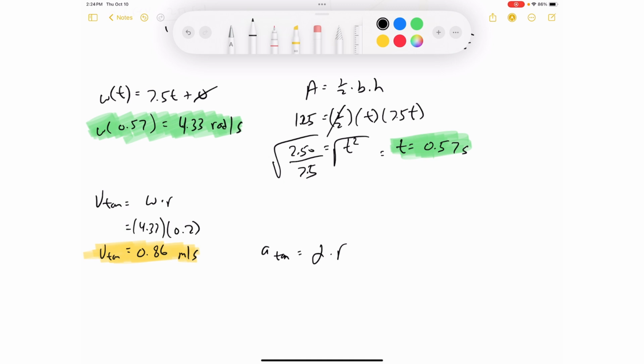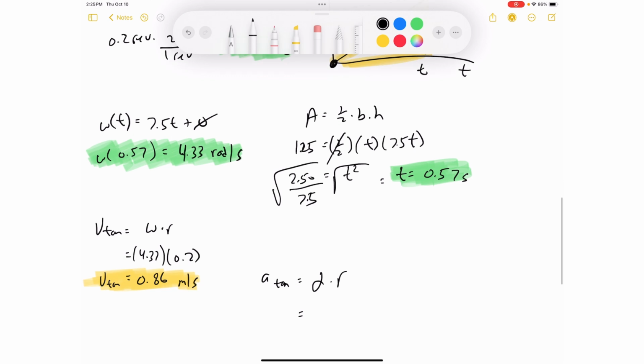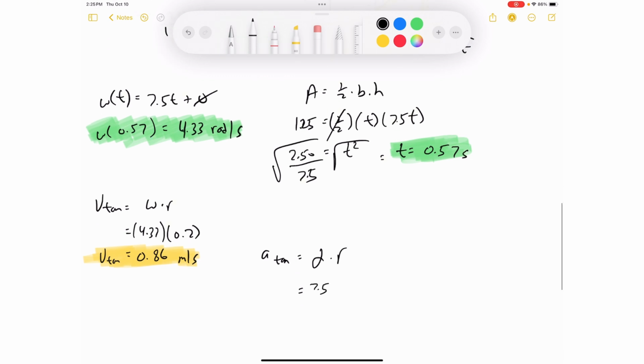You're still talking about the point that's touching the ground, and so you need to know how far out you're going, and so that's what the radius is for. So alpha, which we already calculated, is 7.5 radians per second squared, and then the radius is 0.2. And so you get 1.5 meters per second squared.